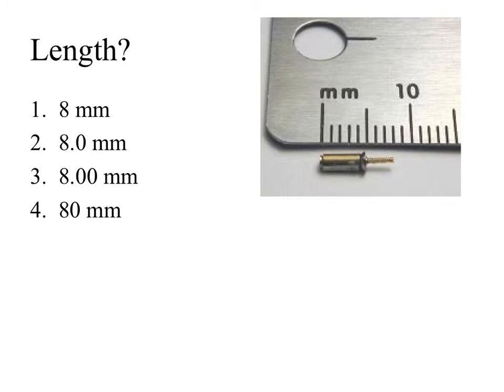Okay, so if we look at this one, notice that this one says it is in millimeters, so that's going to be our units. And if this is 10 right here, and this is 0, well, that must mean that this is 1, 2, 3, 4, 5, 6, 7, 8, and 9.